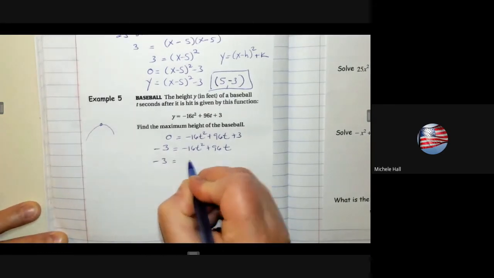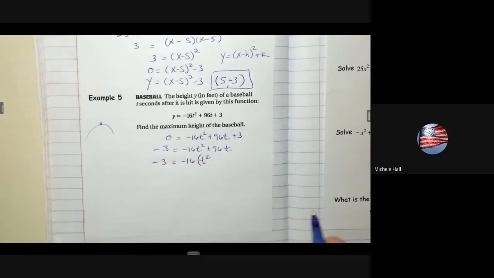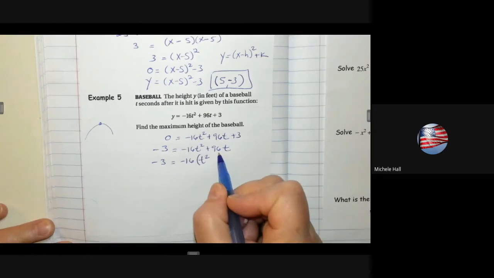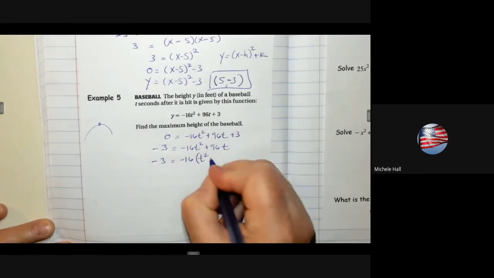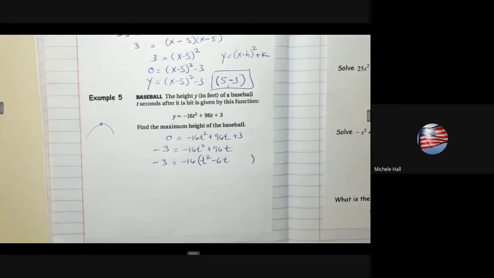Negative 3 equals negative 16 times t squared, and then 96 divided by negative 16 would be a negative 6t. And I'm leaving room to complete that square. That is another way that you can do these problems.